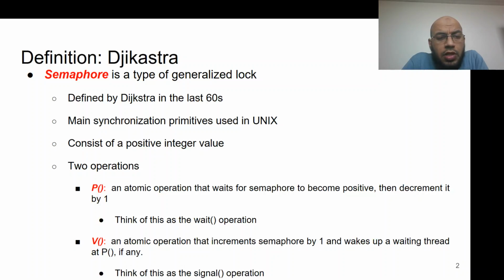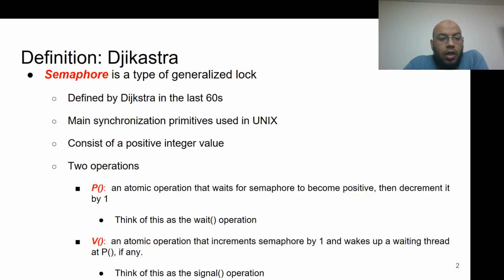It has two operations: P, which is an atomic operation that waits for the semaphore to become positive, then decrements it by 1. This is sort of a wait operation. It's used to wait until your semaphore becomes positive, and then decrement it by 1 and acquire sort of the lock.